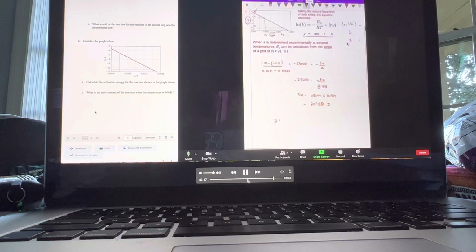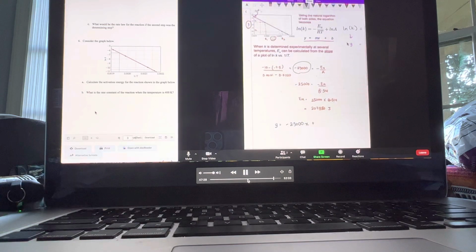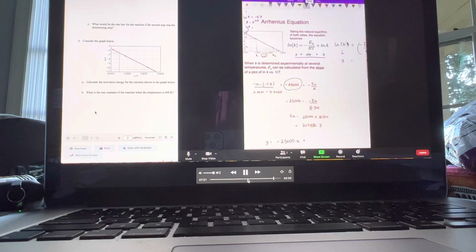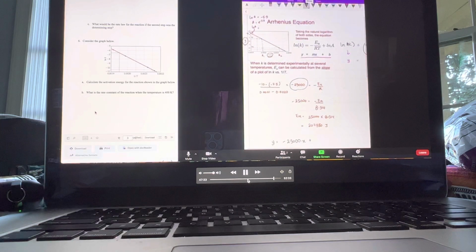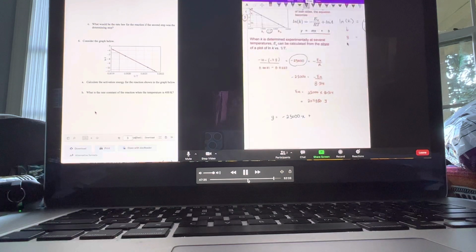The slope of the graph was negative 25,000, right? Yes. So that's what I'm going to put over here, negative 25,000. Then I'm going to put x, and the intercept of my graph is going to be about 5.5. So this is our equation for the graph.